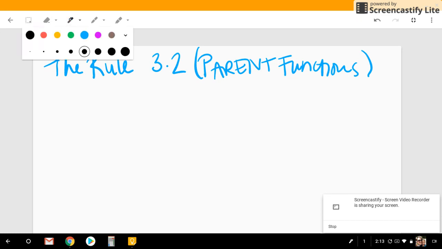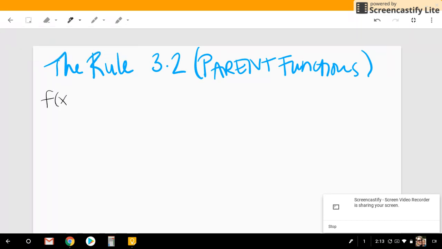When we make our rule, I'm going to give you a function. I think the most difficult part about this is determining inside versus outside. Since the 2 isn't under the square root, this is an outside thing happening.